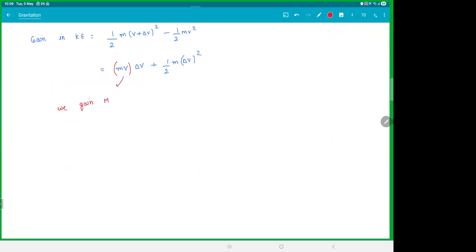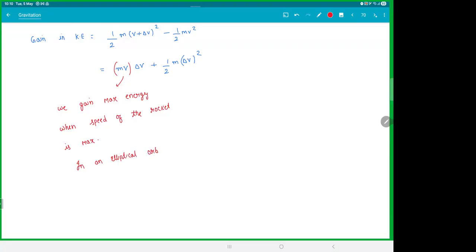So we gain max energy when the speed of the rocket is maximum. So in an elliptical orbit, that will be the minimum distance.